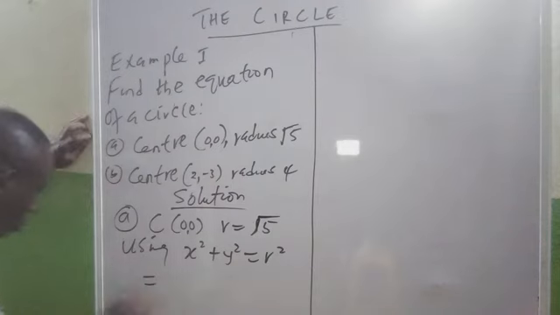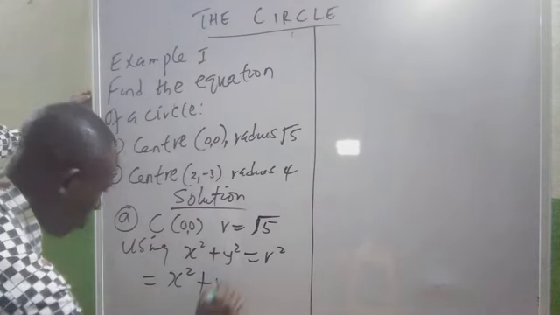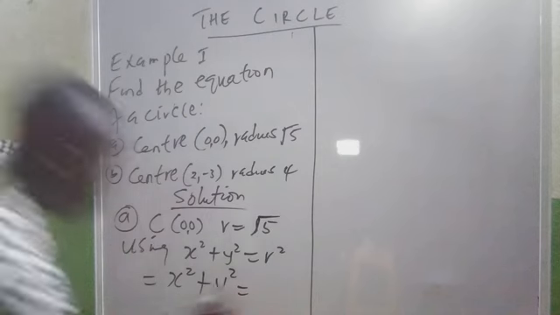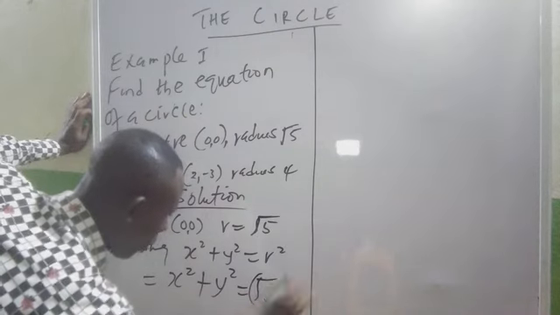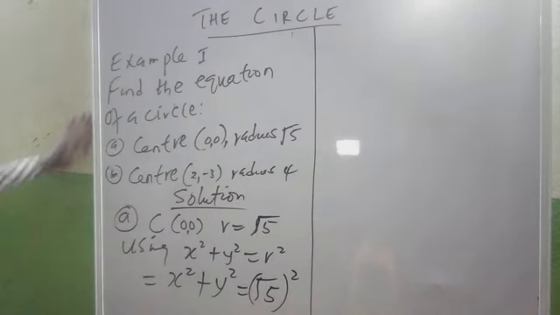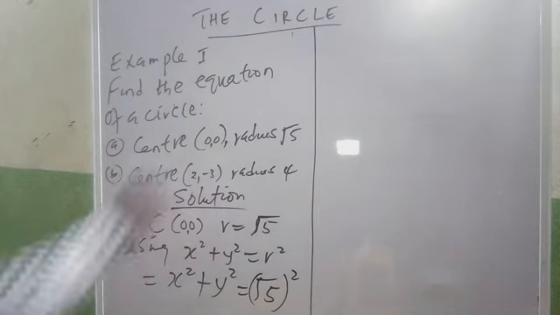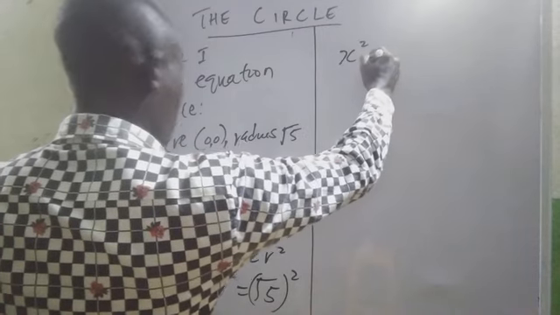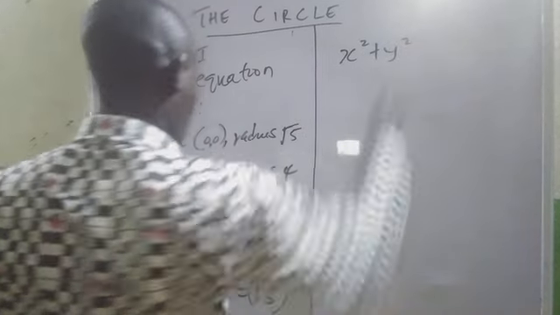So this will be x squared plus y squared equals root 5 squared.